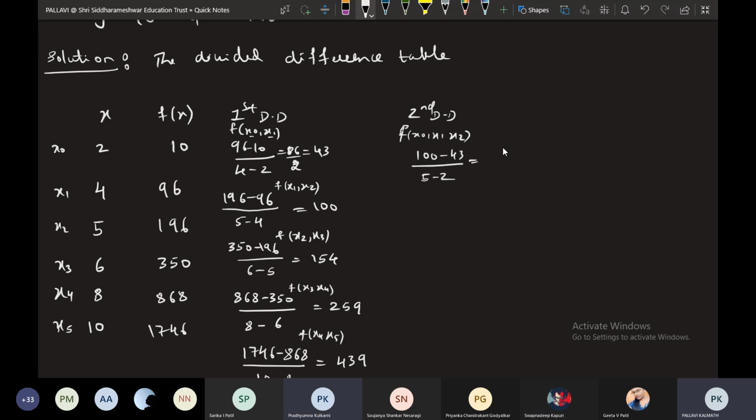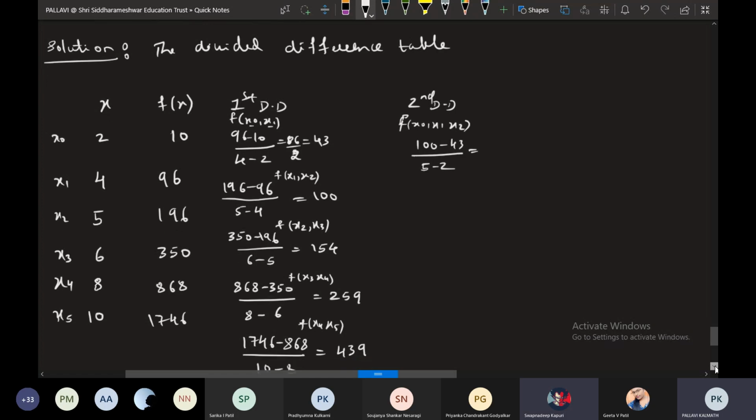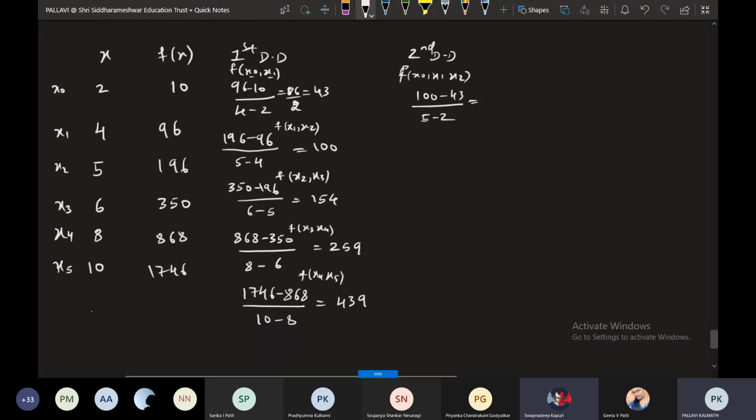Ma'am, in f of x4, x5, the answer is coming 438.5. In the first divided difference last term, it is coming 438.5. What did you take? 1746 minus 869 divided by 10 minus 8.